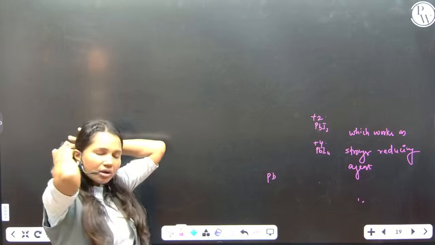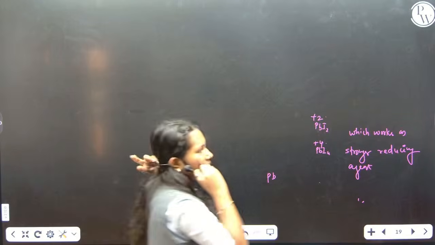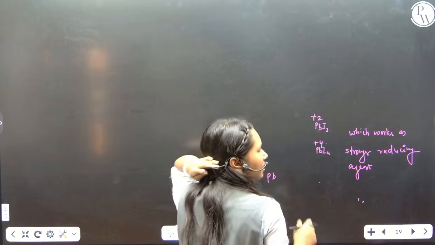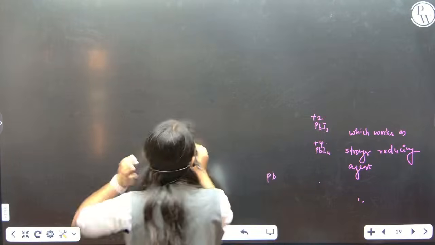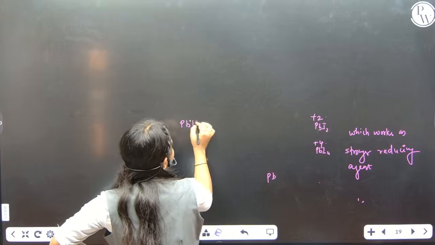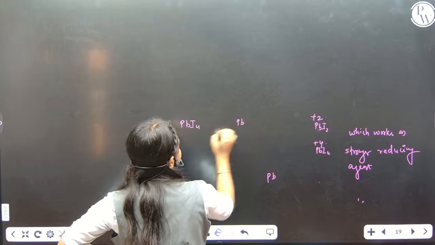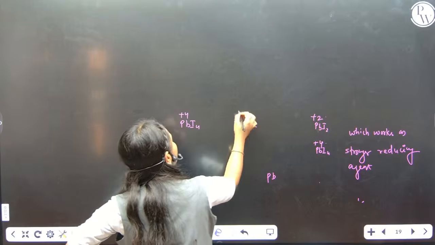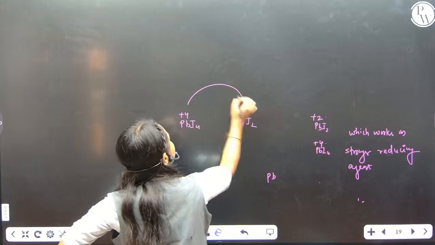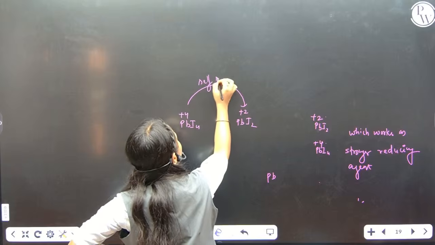Which one will work as a stronger reducing agent? What is the answer? Going from +4 to +2 is self reduction.